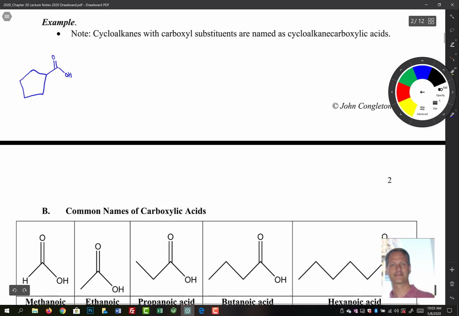So then the name of that would simply be cyclopentane carboxylic acid. So we just know that you have a cyclopentane to draw, and then you need to put a carboxylic acid as a functional group sticking off of that thing.